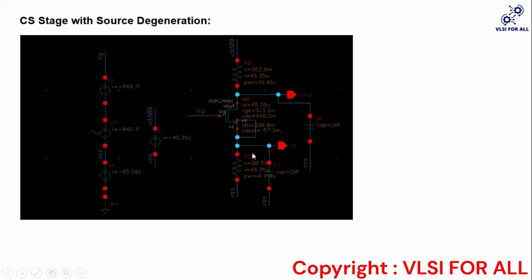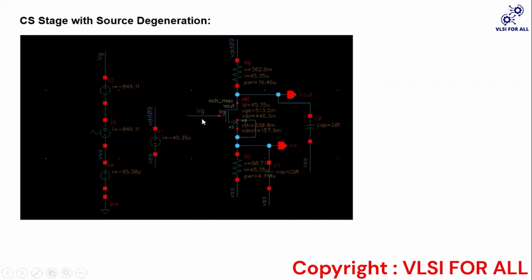By increasing this gate voltage, VGS was going to increase, but it affects the current also, and the current is increasing, and now the voltage at the source is increasing, and because of this VGS is again going to decrease. So it is negative feedback.